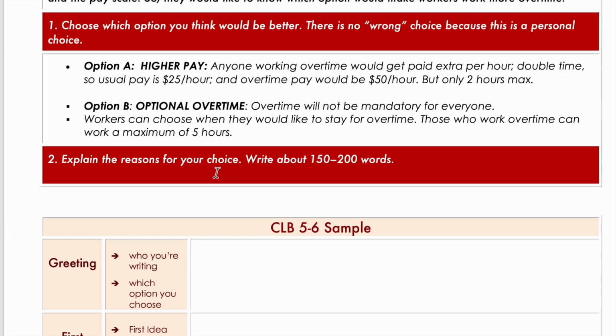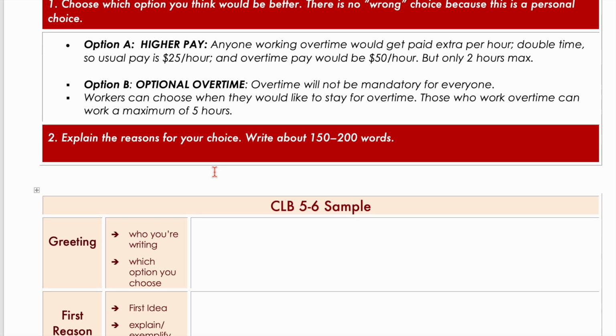Okay. Also, please remember that I am writing at a CLB 5-6 level. And that means that the CLB 5-6 student, they should understand all the words and expressions and grammar that I'm using. Okay? I'm not going to use very high level grammar structures nor high level vocabulary because that's not CLB 5-6.